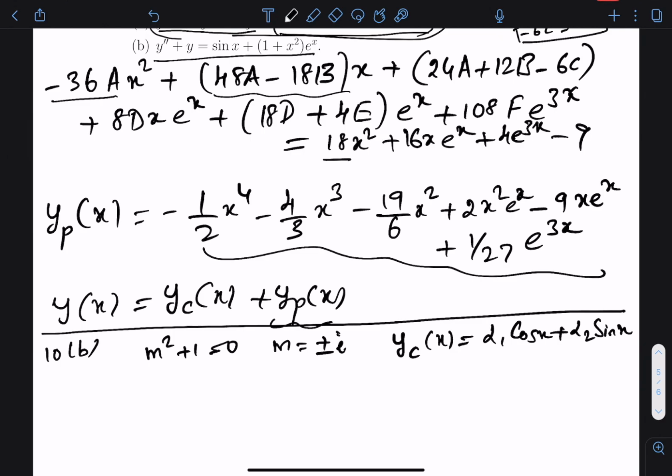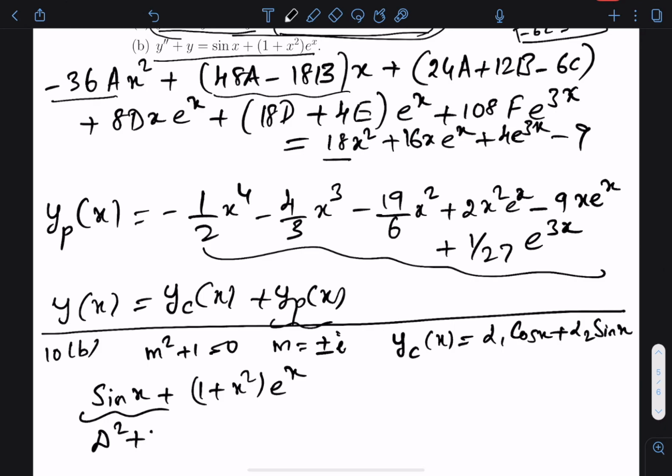Okay. Now you look at the right hand side, what you have is sin x plus (1 minus x squared) e power x. The annihilator of this sine is D squared plus 1. So the corresponding roots are plus or minus i, right?